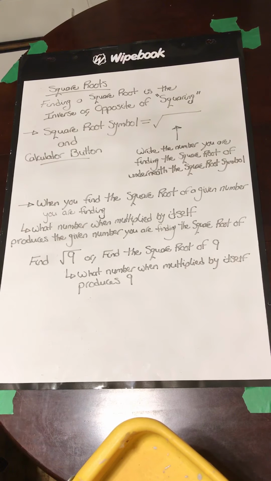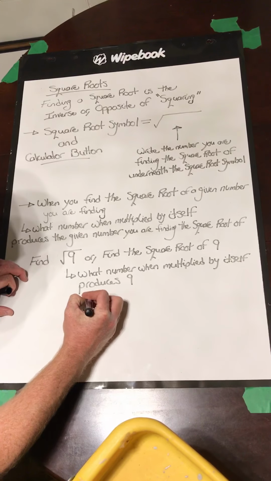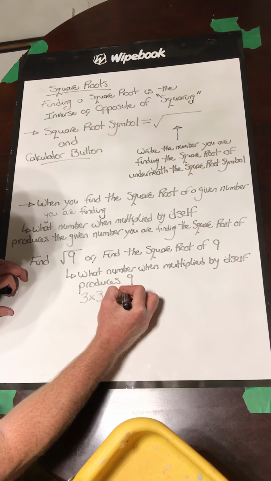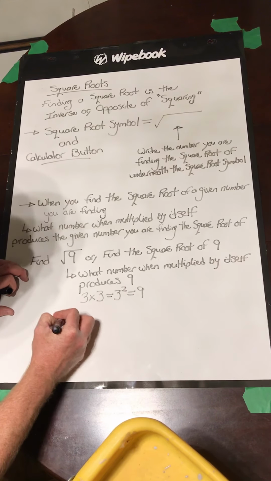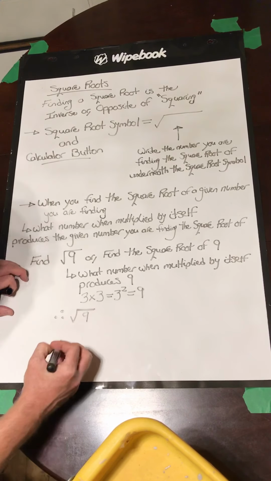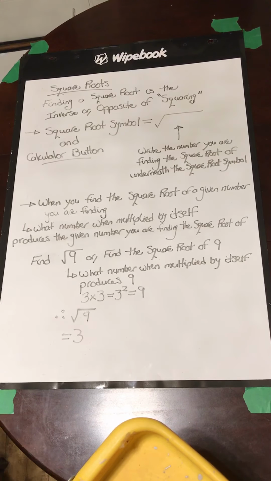And I'm thinking, what number, when multiplied by itself, produces 9? Well, 3 times 3, which is equal to 3 squared, equals 9. Therefore, the square root of 9 is equal to 3.